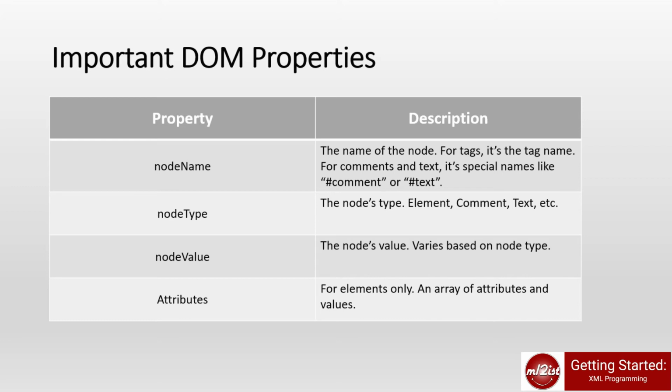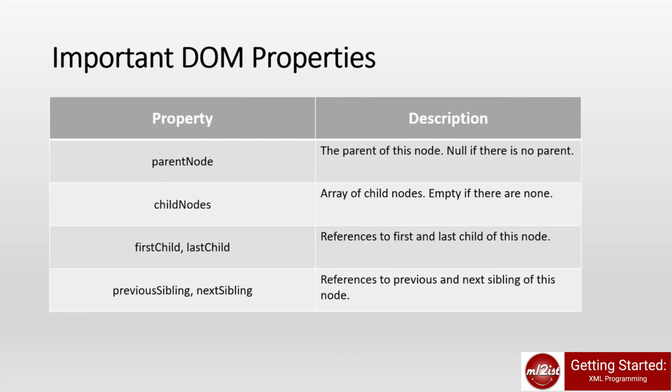It's a numerical value that represents what kind of node it is. There are numerical constants for things like elements, comments, text, and so on. The nodeValue property is the value of the node, and this varies based on the node type. But for example, the nodeValue of a text node would be the text content. Then there's the attributes property, which is only valid for elements, and it's an array of the attributes and their values that appear on the tag.